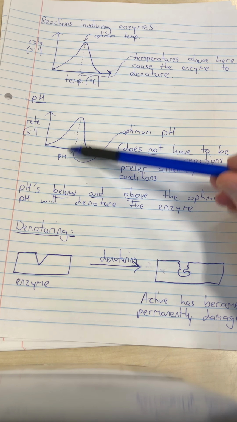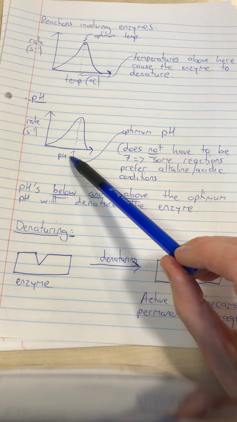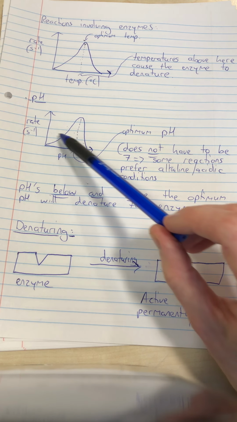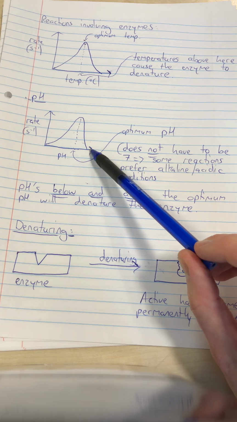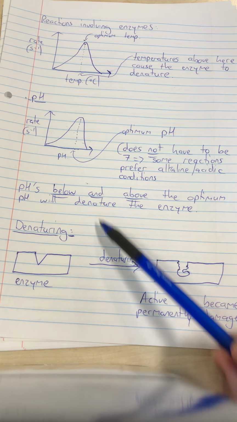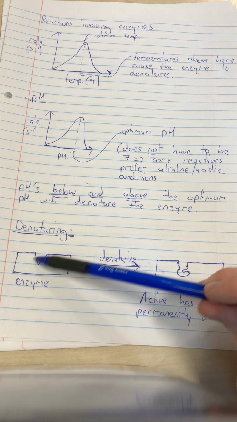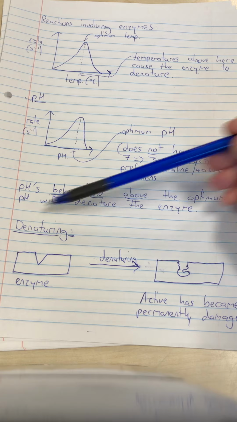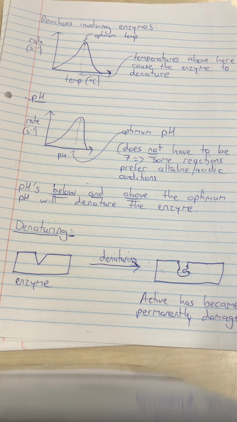The only difference between pH and temperature is that pH will denature the enzyme whether it's below or above the optimum pH. That's just what we mean by denaturing. But again, I'll go into more detail about the hydrogen bonds next lesson. So that's us. Thank you.